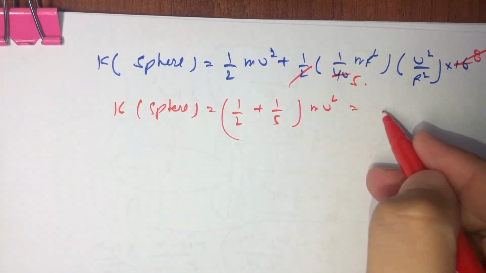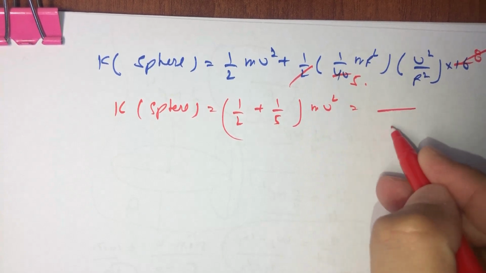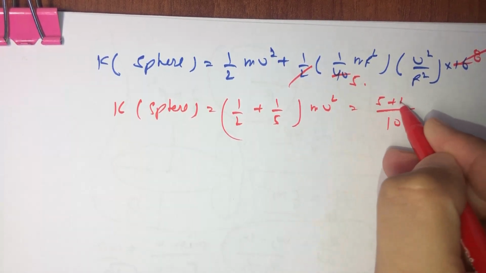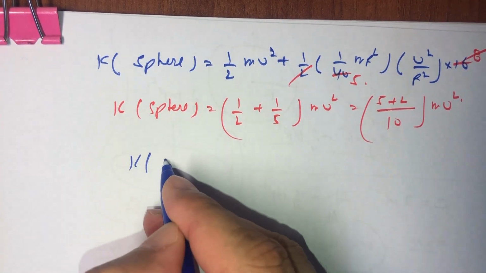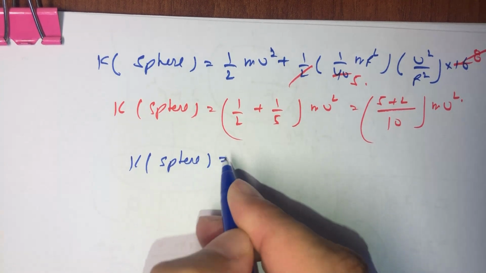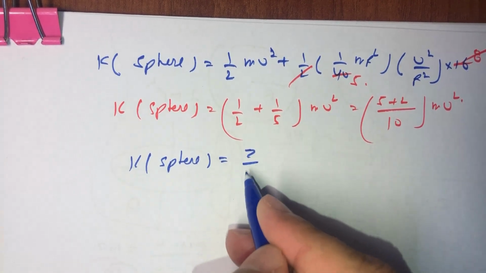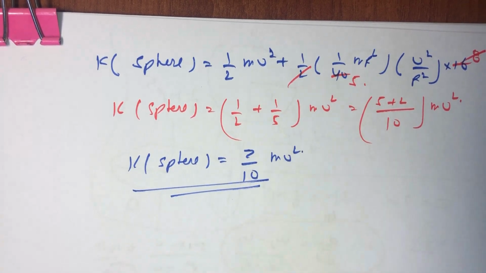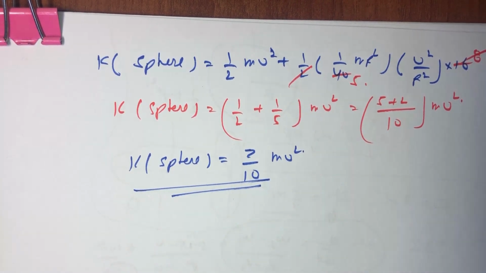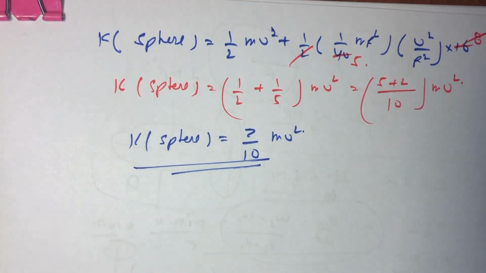So 10 will be our LCM. This is 5 plus 2 over 10, mv square. So the kinetic energy of the sphere is equal to 7 upon 10 mv square. So we found the kinetic energy for all three objects.